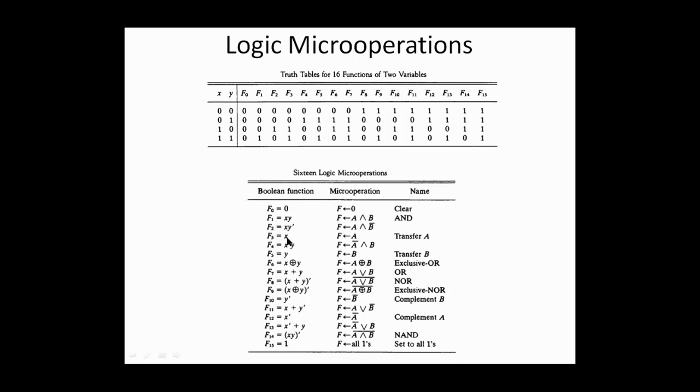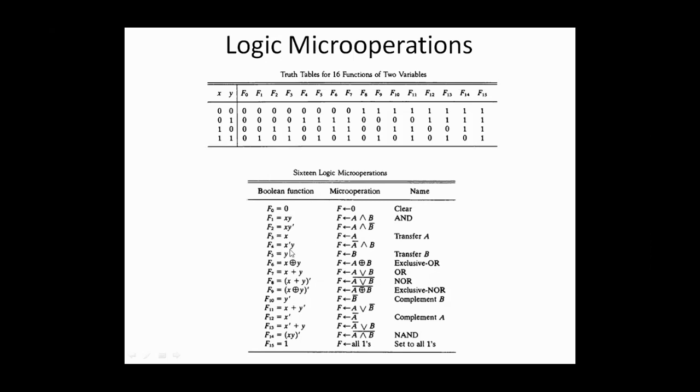And F3. If you look at F3, it is 0 0 1 1, which is same as X. So F3 will be X, and that means it is just going to the output. Fine. So that will go to the output of that register.